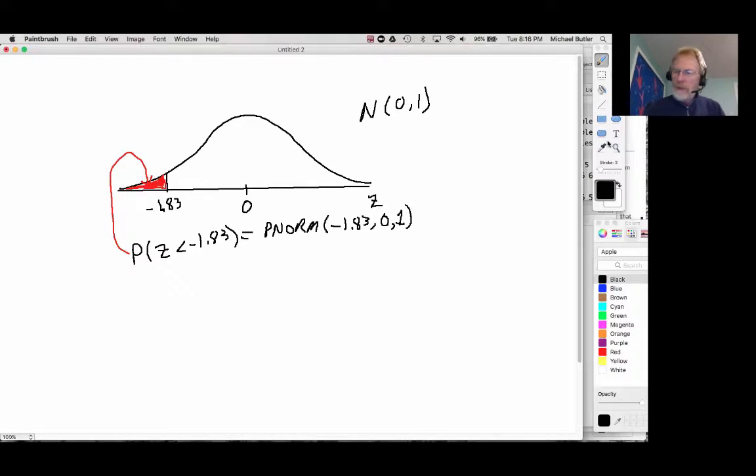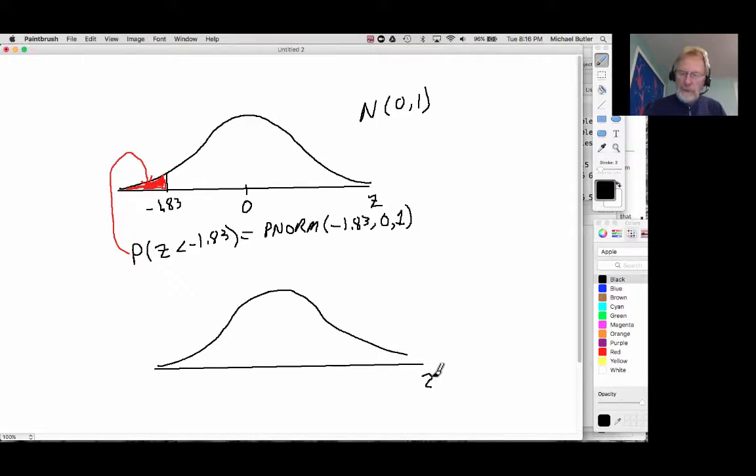All right, but what if the question was asked differently? What if instead of giving me a position on the axis and asking me for a probability, let's say this time, again, we're working in Z, they said, you know what, I got a cutoff right here, and I've got this area, and I happen to know the area this time.